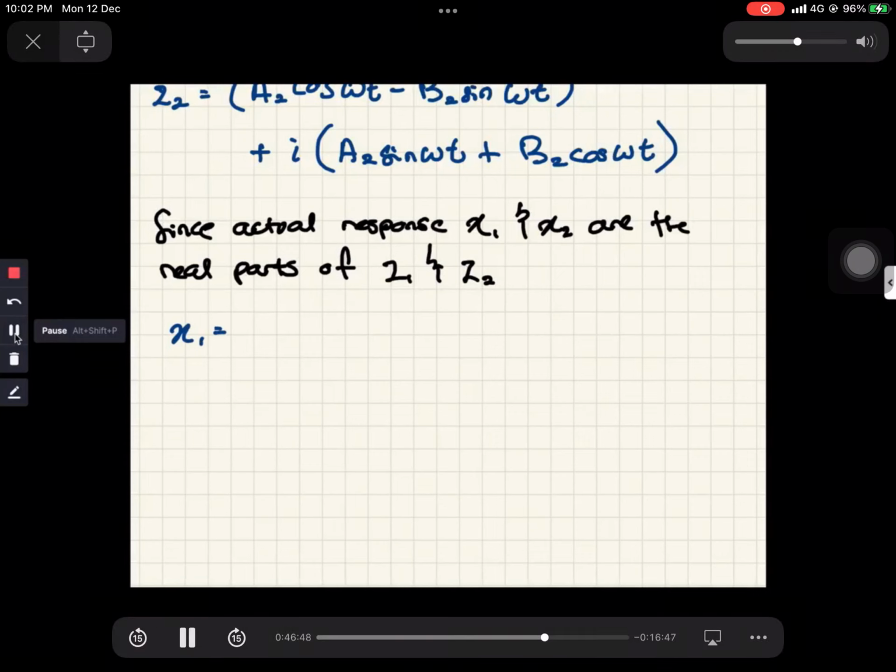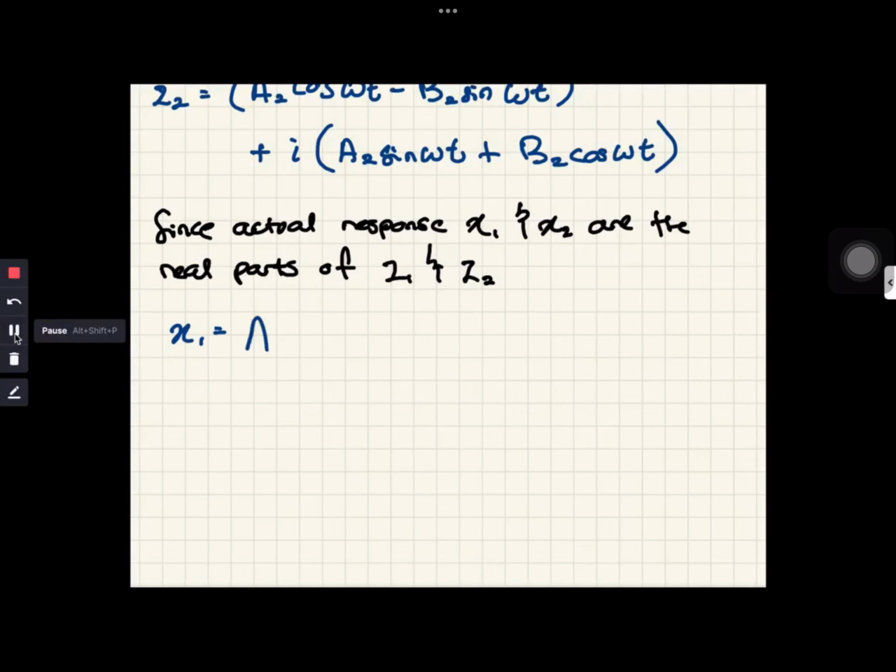So x1, we take the real part, which is A1 cosine omega t minus B1 sine omega t.